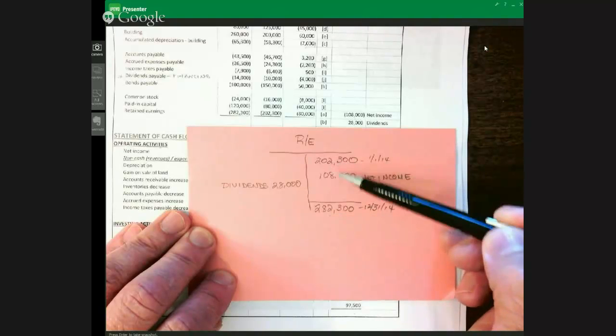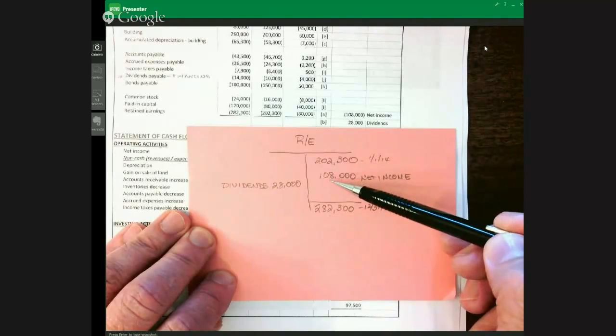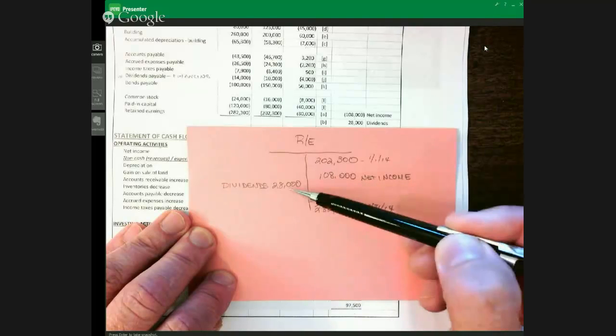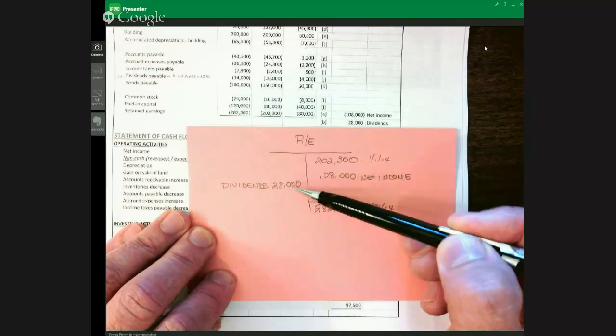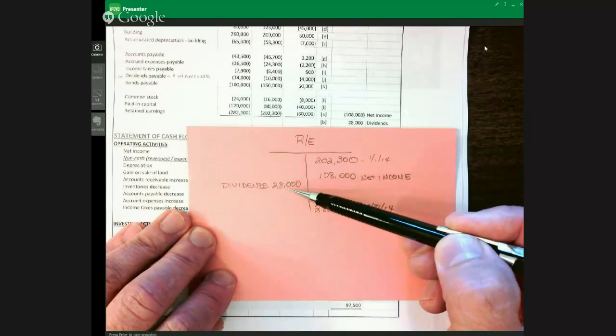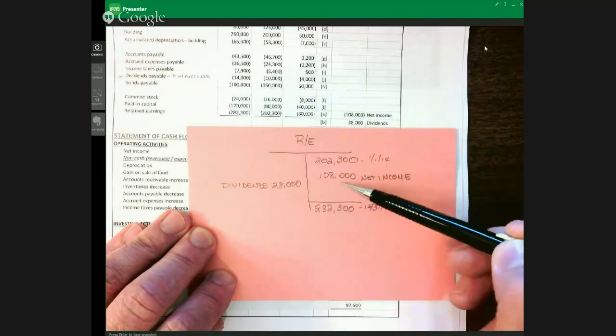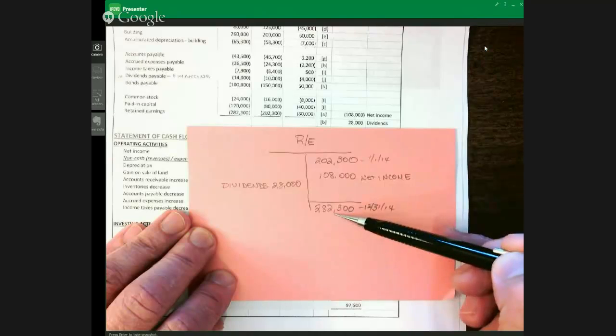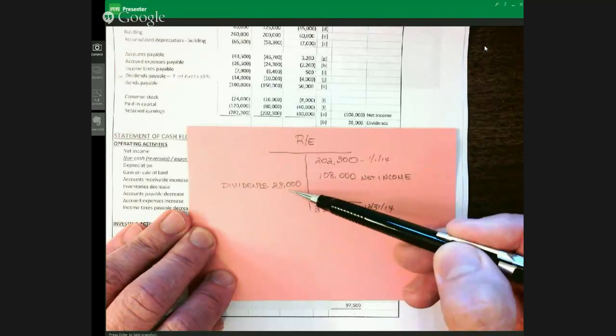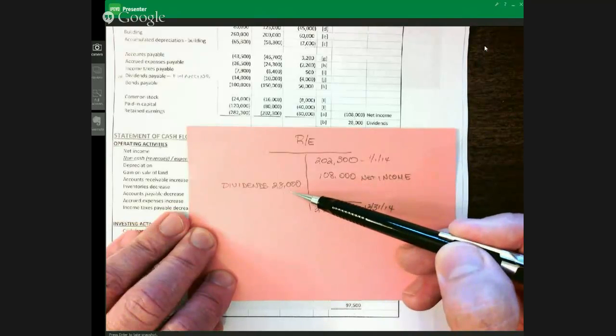Because beginning balance and net income added together gives us too much, there must have been something that reduced retained earnings, and what reduces retained earnings is dividends. So we infer the difference between the subtotal that we get and the desired balance that we want would be the dividends that the business declared.